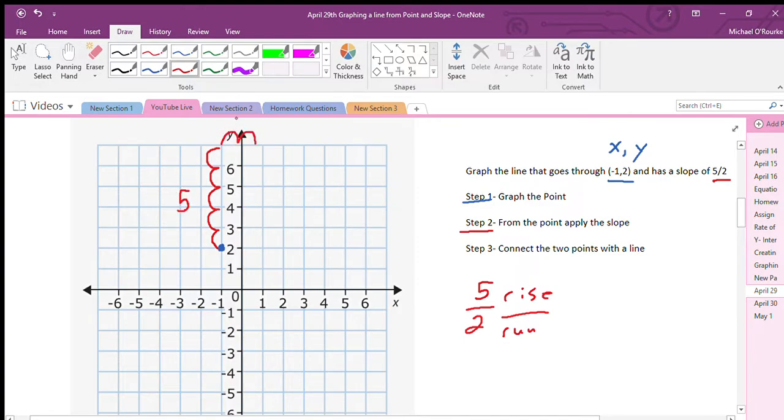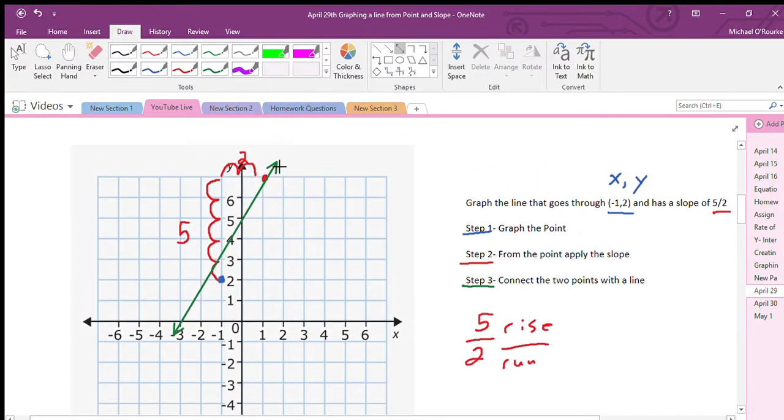So 5 up, 2 over, and here's our new point right there. Then the last step, we are going to connect the 2 dots. And boom, there we go. We've graphed the line.